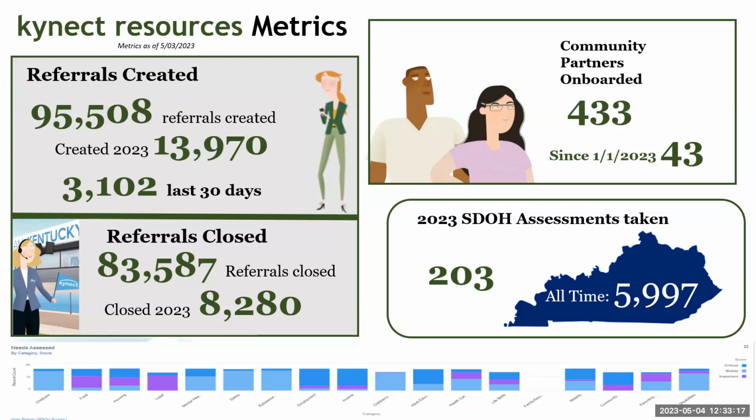We have a couple thousand to go, but we've had 43 just since the beginning of the year that have joined. We also, in our social determinants of health, you can see we've had almost 6,000 assessments conducted. You can see at the bottom there, we're also able to look at that and follow that through. The purple is someone who's critical or vulnerable.